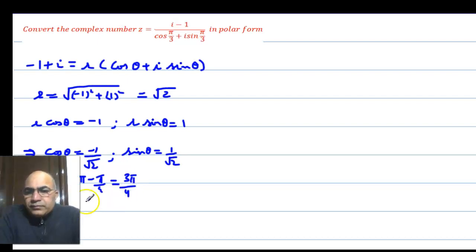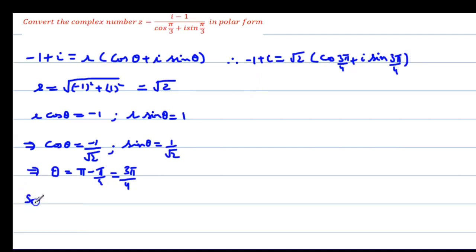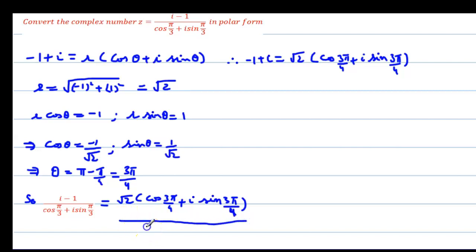Therefore, minus 1 plus iota is equal to root 2 times cos 3 pi by 4 plus iota sin 3 pi by 4. So we put the value of minus 1 plus iota in the expression. We get root 2 times cos 3 pi by 4 plus iota sin 3 pi by 4 whole upon cos pi by 3 plus iota sin pi by 3.